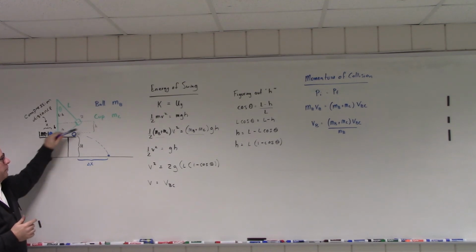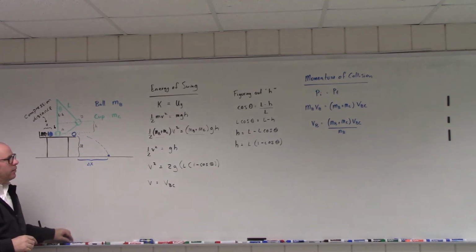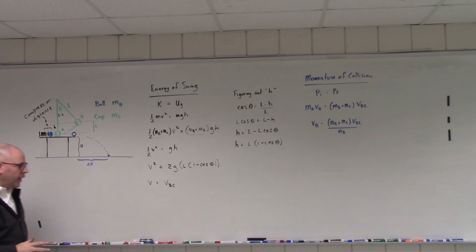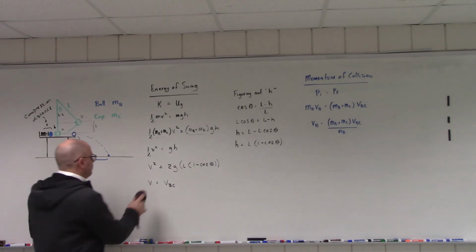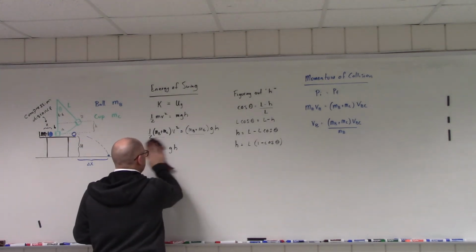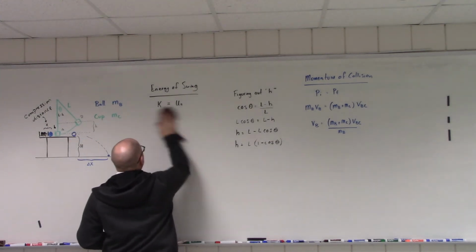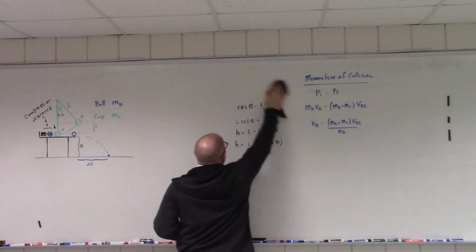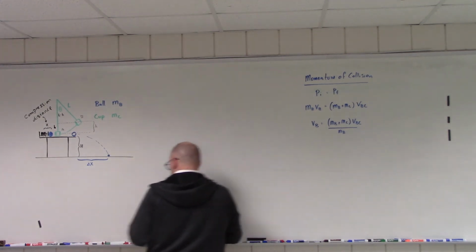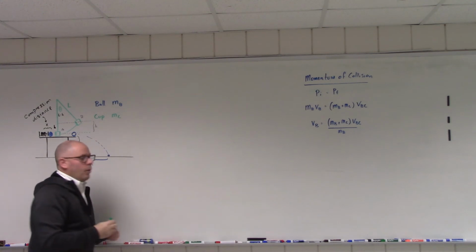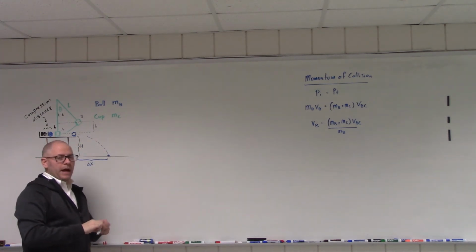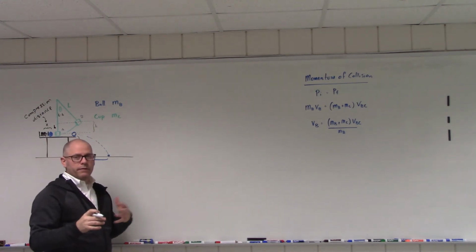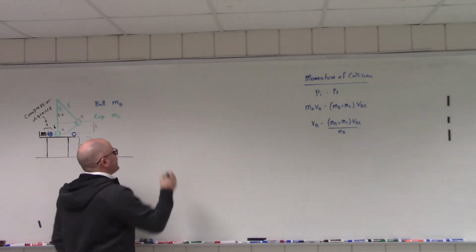But this becomes a projectile motion problem, and a projectile motion problem is something that we know how to do already. Whenever you're faced with a projectile motion problem, I would suggest break it up into its horizontal and vertical pieces and address them separately.